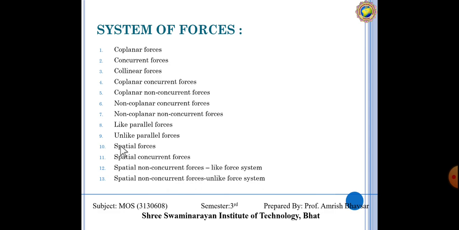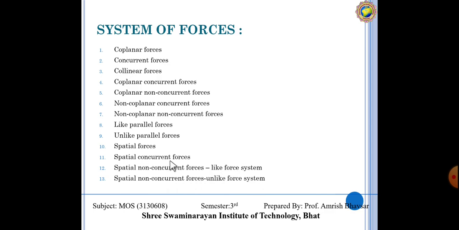Next one is unlike parallel forces, means forces are acting parallel to each other but the directions are different. The same thing, all these kinds of forces acting in a space are known as spatial forces, means forces are acting in a space.